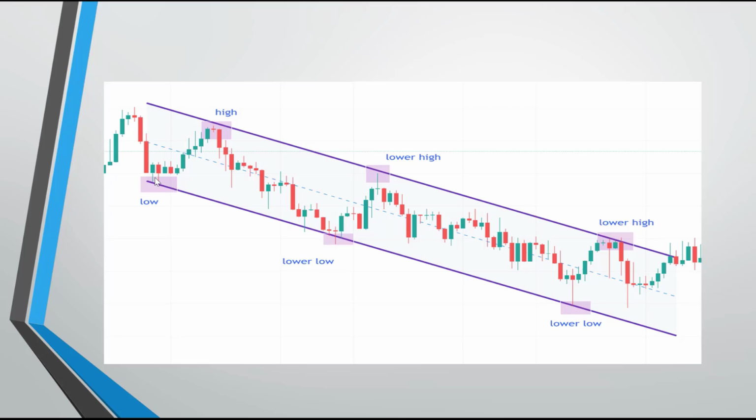It has made the first low point, which I have pointed using these rectangles or squares.